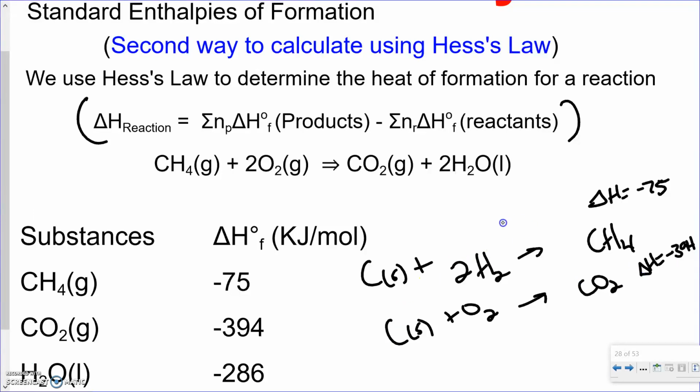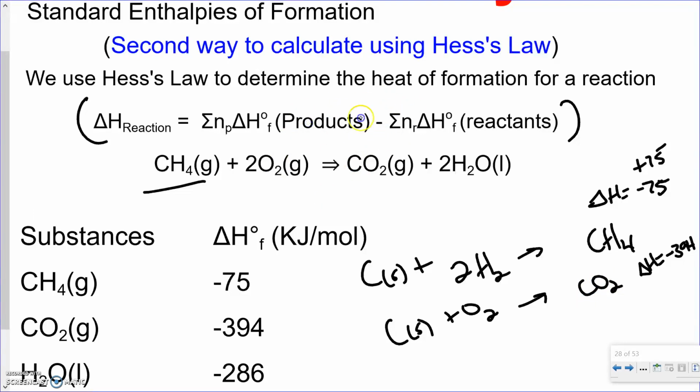Now, for this reaction, I would want to flip it. Why? I would want CH4 on the reactant side, which would make this a positive 75. For this reaction, I'd want to leave it alone, leaving it as a negative 394 to keep carbon dioxide on this side. Well, look what this equation does.